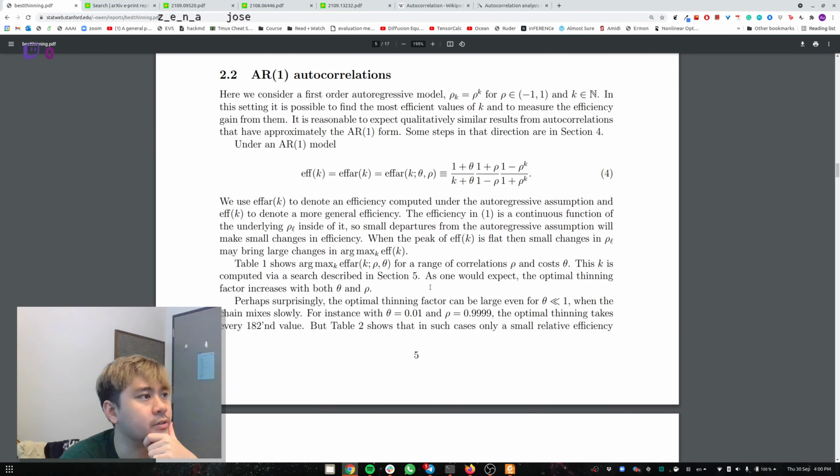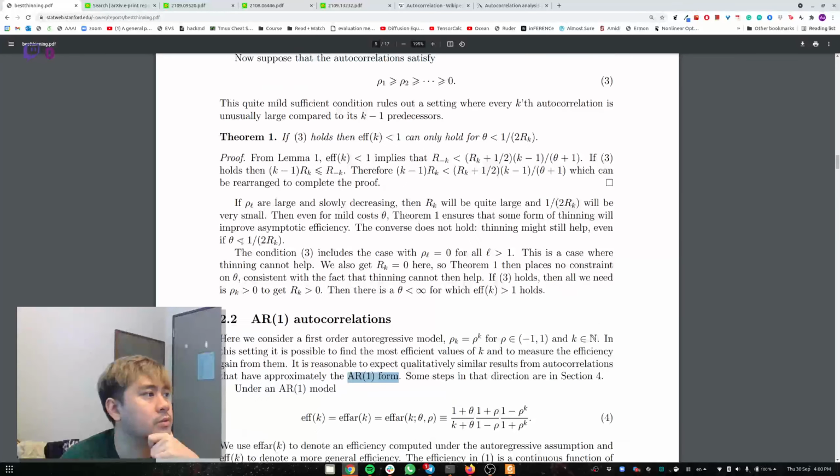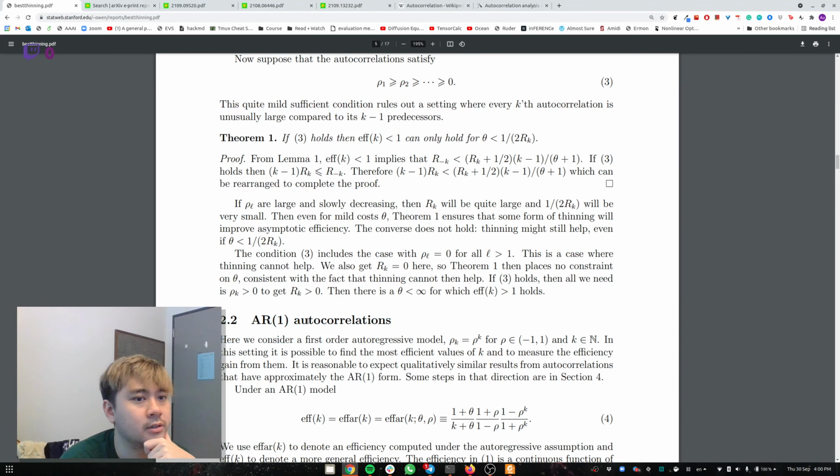So it is using the fact that it's an AR1 form. Oh no, this AR1 autocorrelation is my bad.